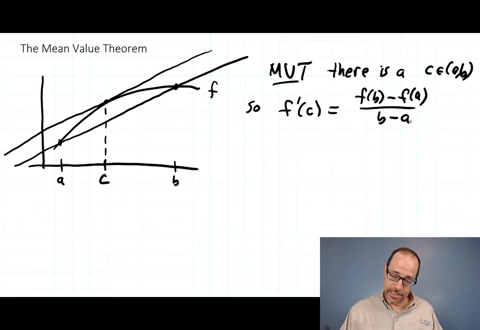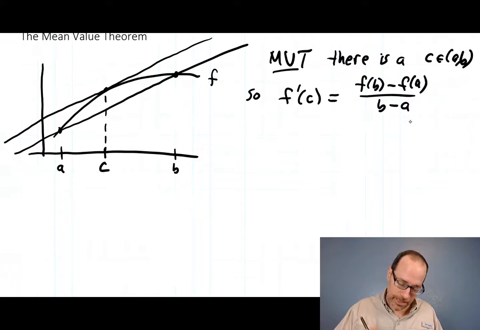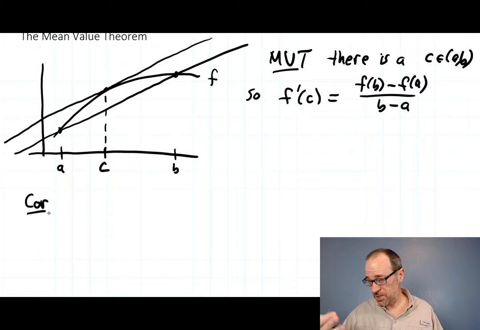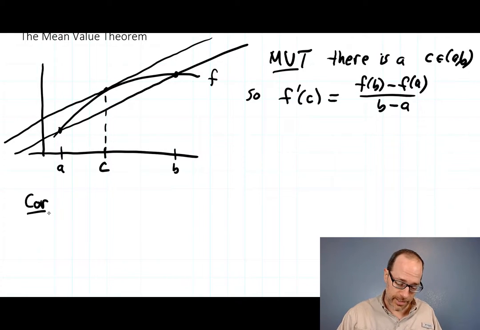It has a consequence that we've always expected to be true but never stated because we needed the mean value theorem to verify it. A corollary of this result, corollary just means a small result that follows, is the following.